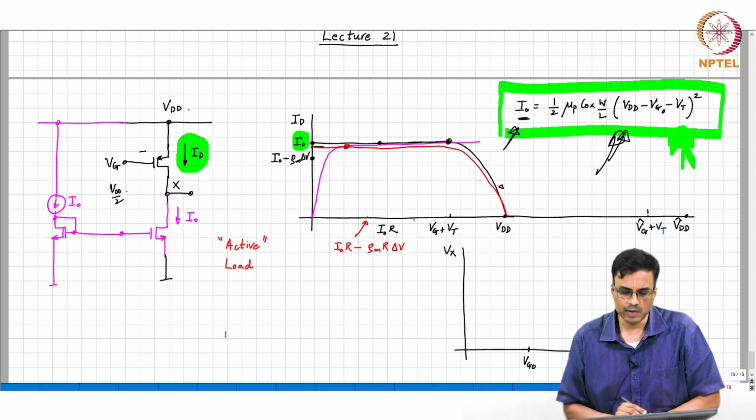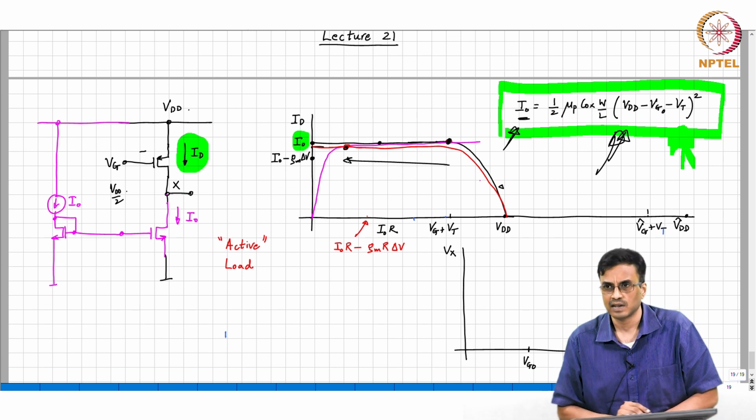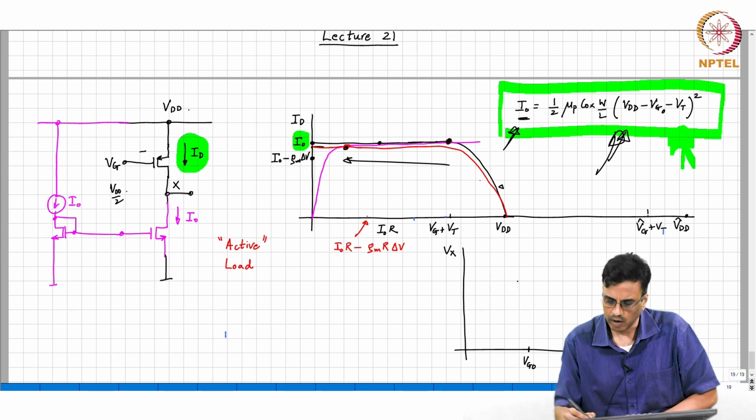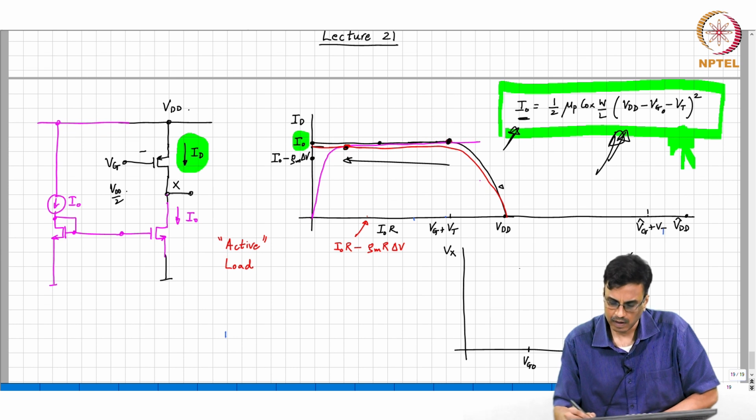When I increase the input voltage from Vg to Vg plus delta V, where is the point of intersection moved? Towards the left. So it is actually reduced, and therefore the incremental gain is negative. So what comment can you make about the slope? Steep negative slope. So you will see something like this.